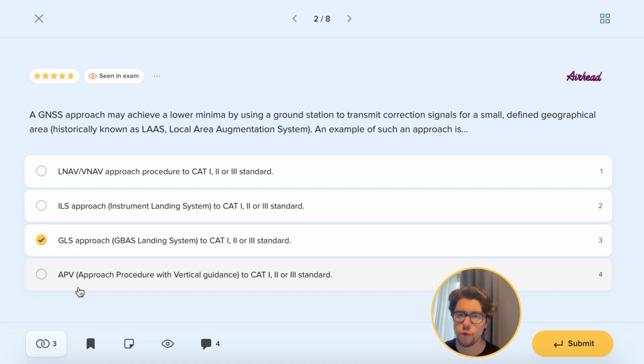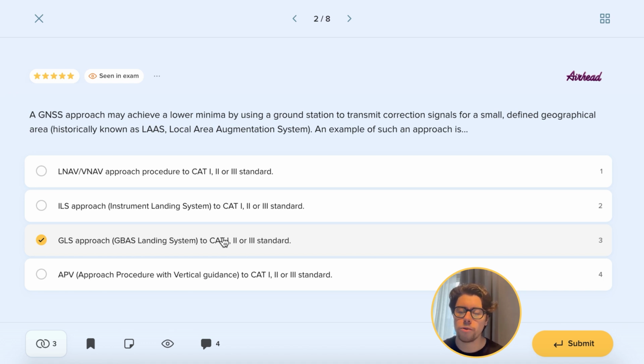So differentiate them 2D, 3D, type Alpha, type Bravo, and APV was somehow of a compromise between non-precision and precision, as these approaches are simply with vertical guidance added, but do not have any ground navaids to take information from, which is vital for precision approaches that go to Cat 1, 2, or 3 minima. Here, remember that in Europe, we mainly use ILSs for Cat 2 and Cat 3 approaches, as well as Cat 1.